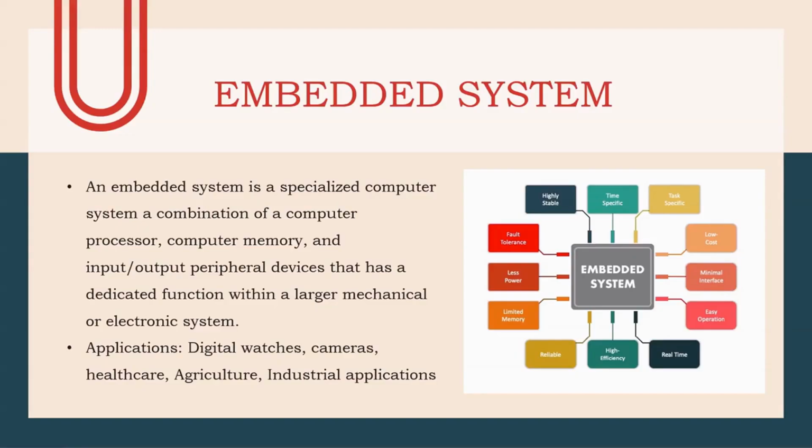It includes a processor, memory, and input output devices. It works as a part of a larger machine or electronic system. It has some applications like digital watches, cameras, gadgets, healthcare devices, agriculture tools, and industrial machines.